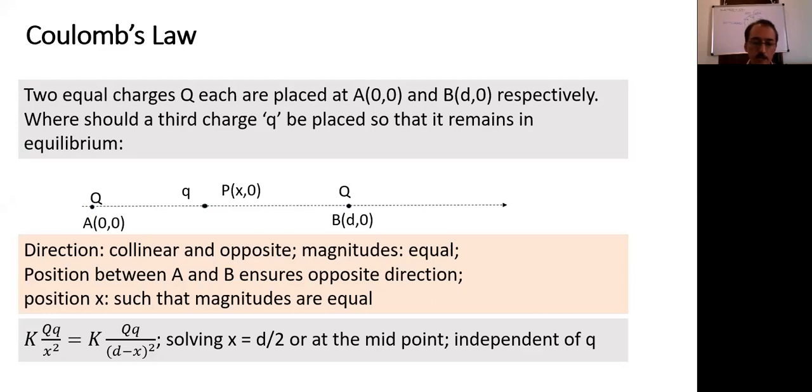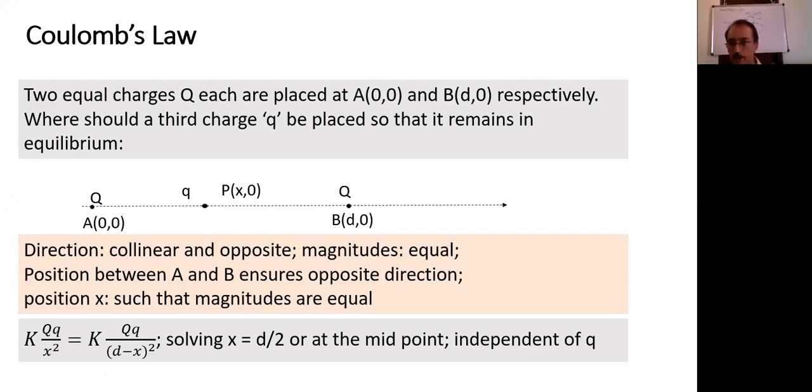Position between A and B ensures directions are opposite. Value of x will ensure magnitudes are equal.